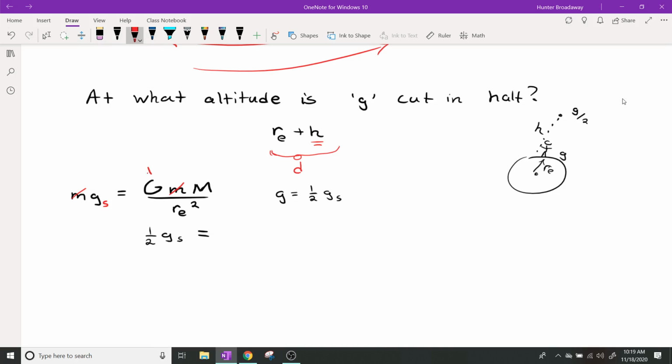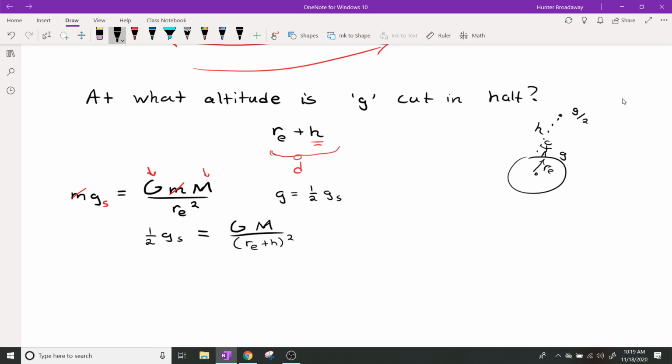What changes? Does the universal gravitational constant change? No. Does the mass of the Earth change? No. Does the distance change? Yes. What is the new distance? So this is going to be G big M divided by what is this down here? This is parentheses RE plus H squared. Is that fair? We okay with that? Okay.